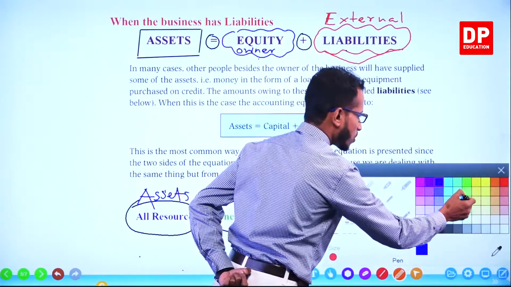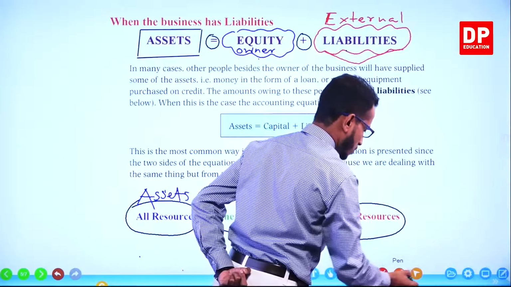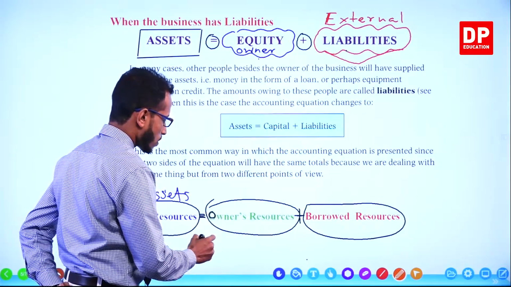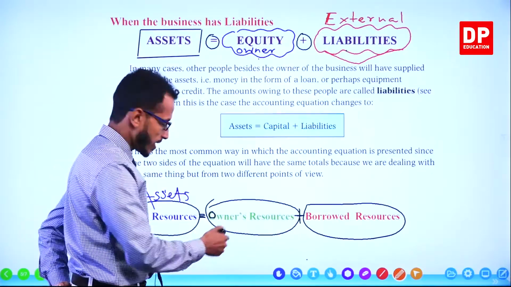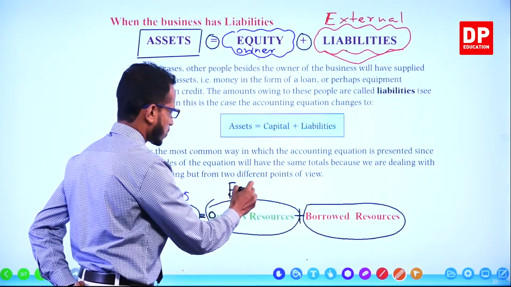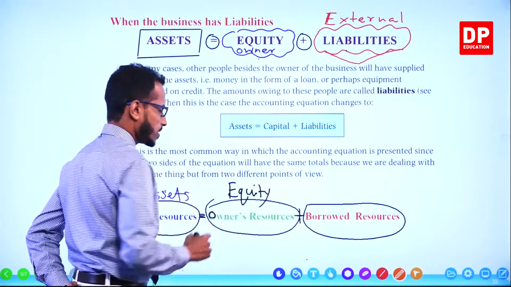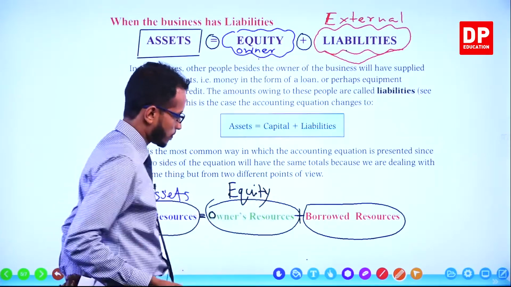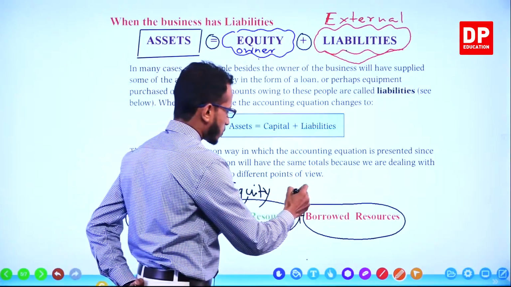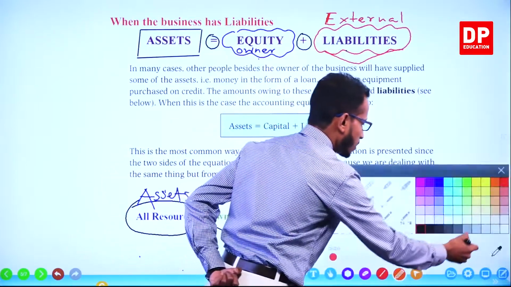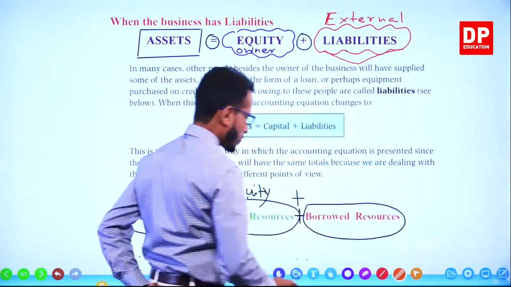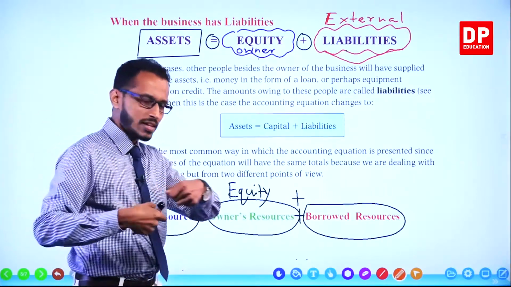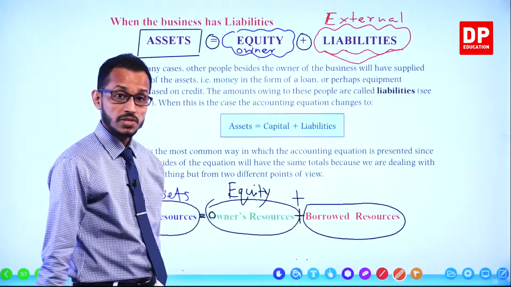Owner's resources are called what? Owner's resources are called equity. Can you give me another word, please, for equity? Capital. Good. Equity or capital, plus external borrowings, or the resources which we have borrowed from external parties to invest in the business.